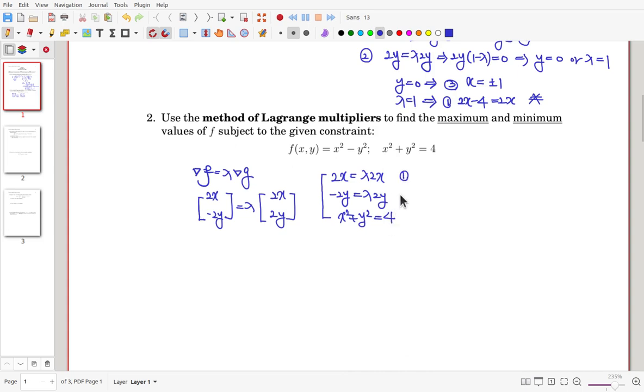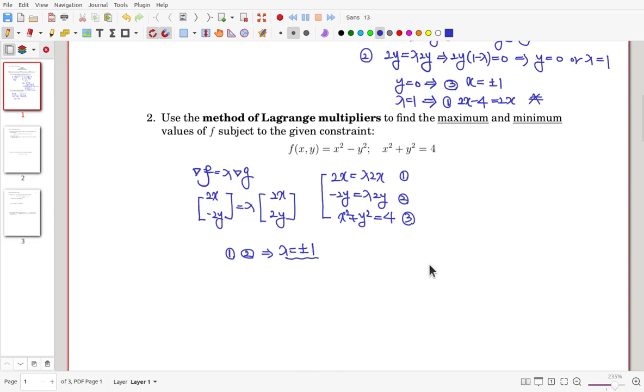Number 1, number 2, number 3. Now if you focus on number 1 and number 2, lambda must be 1 or minus 1, so lambda must be plus minus 1.